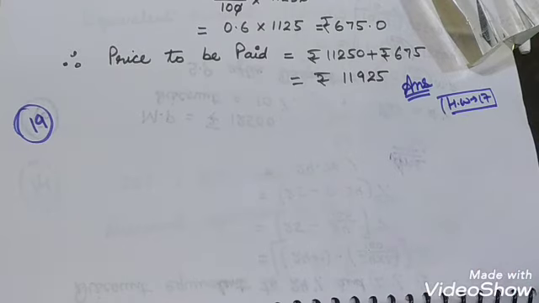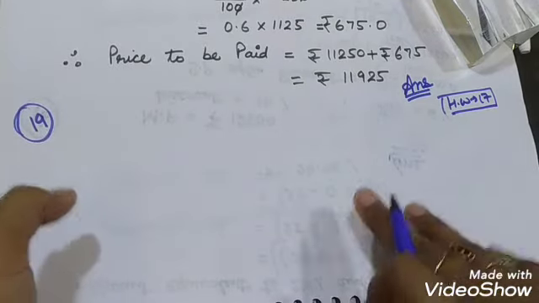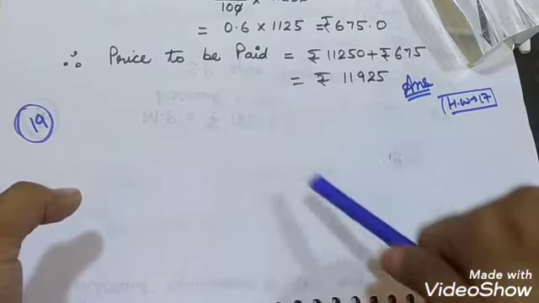Question number 19 is, Vivek purchased a laptop for rupees 34,164, which includes 10% rebate on the marked price and then 4% tax on the remaining price. Find the marked price of the laptop. This time the total price is given, the final price, which we found earlier as the price to be paid.